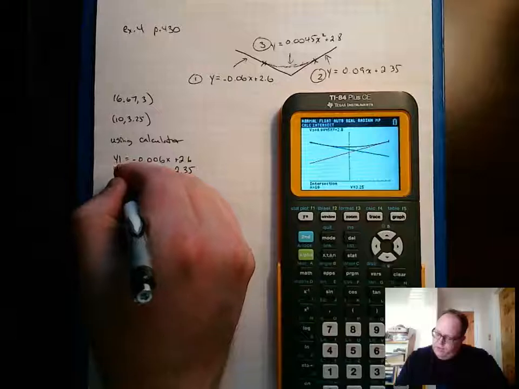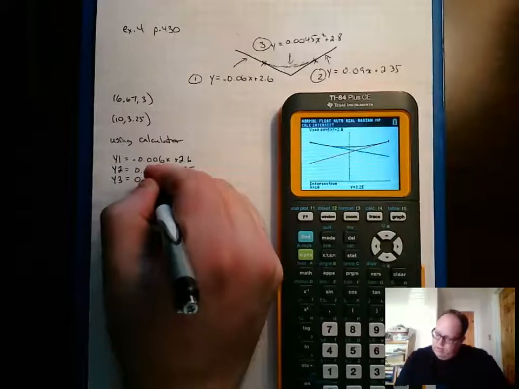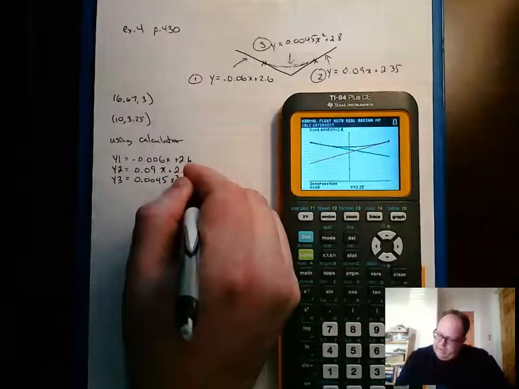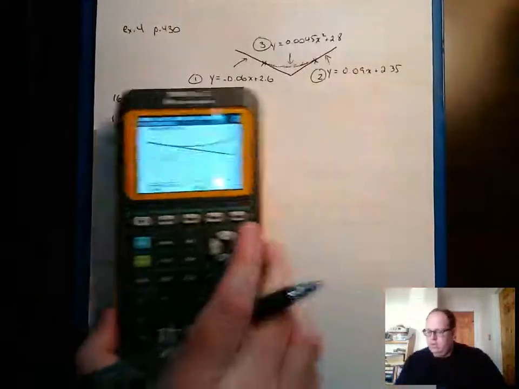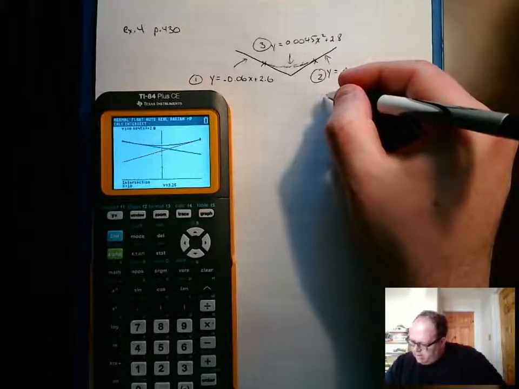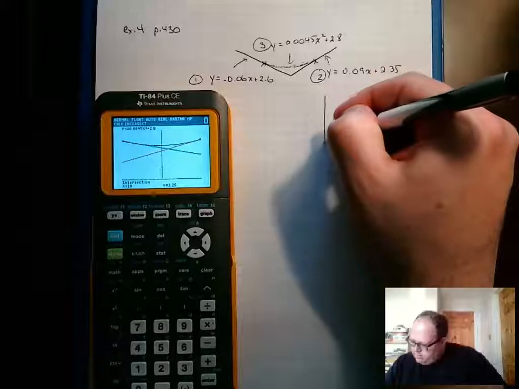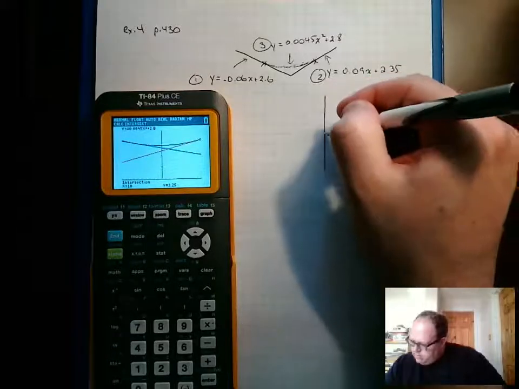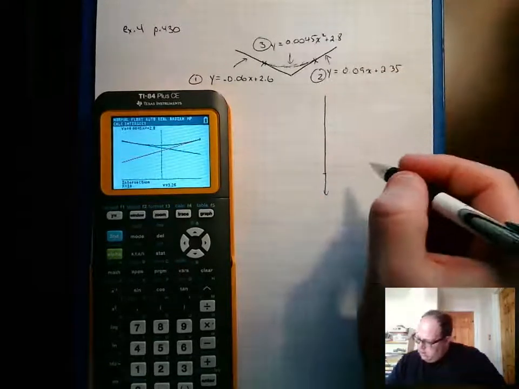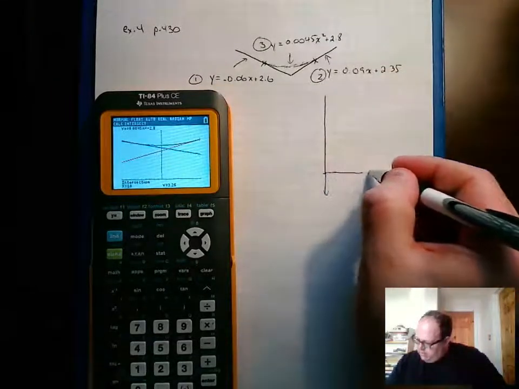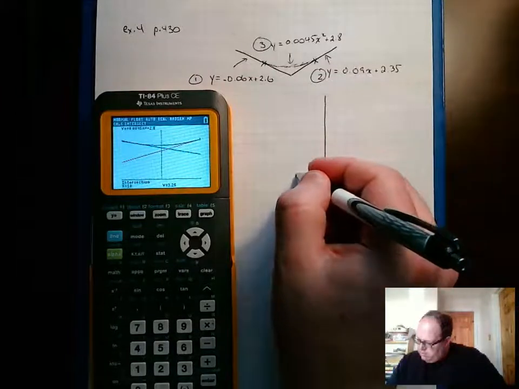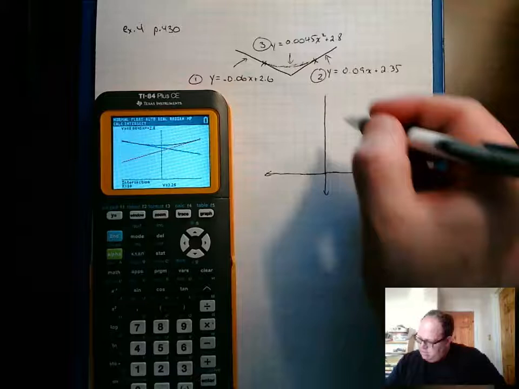And I set y3 equal to 0.0045x squared plus 2.8. My graph on a scale of 1 to 4, x-axis going from -10 to 10. Pardon the freehand nature of these graphs.